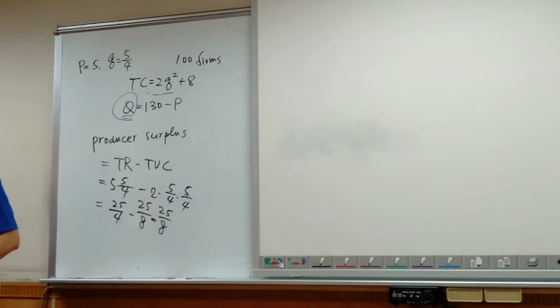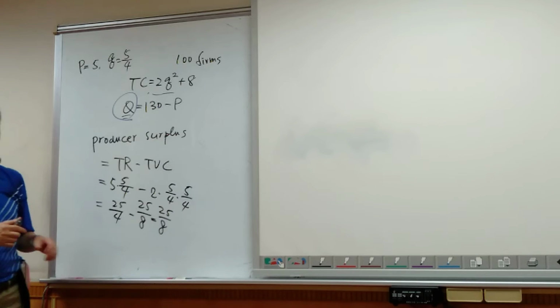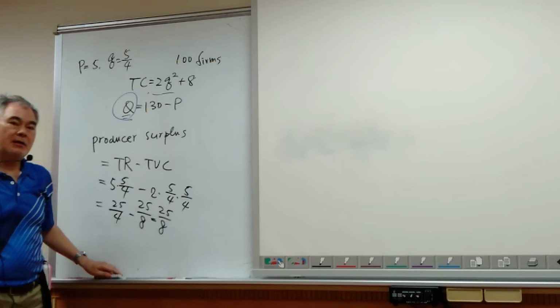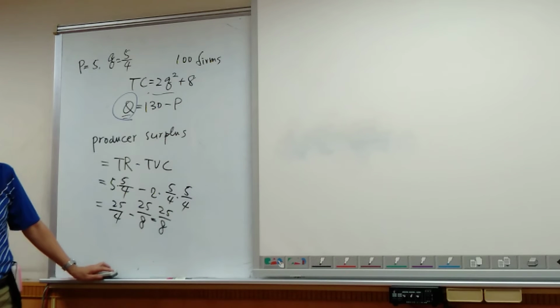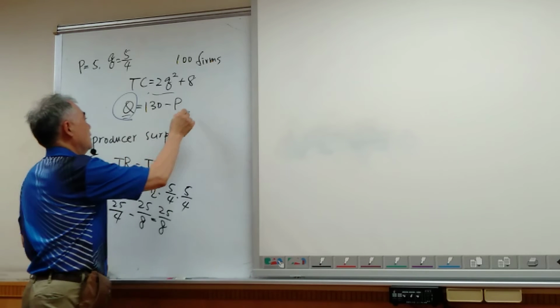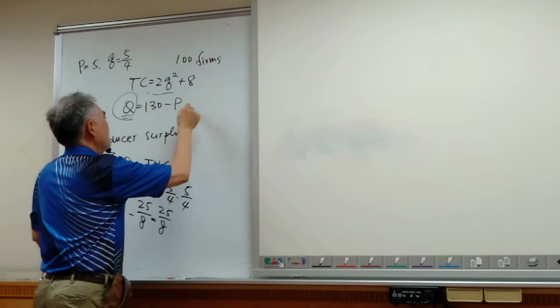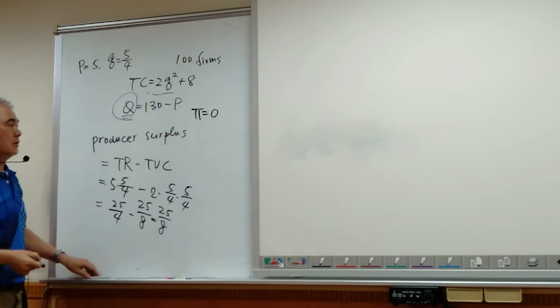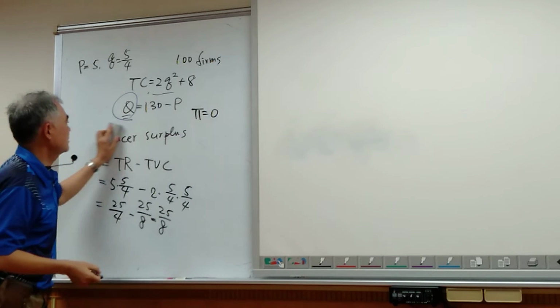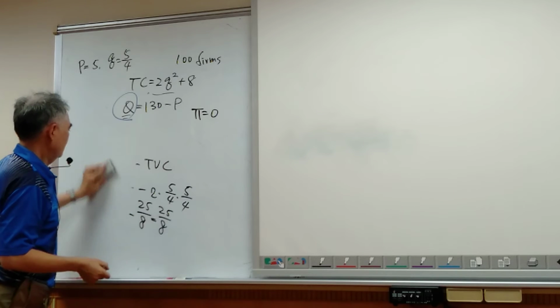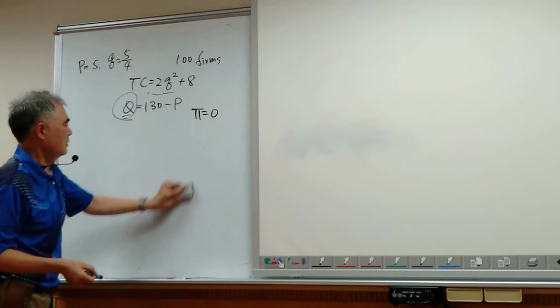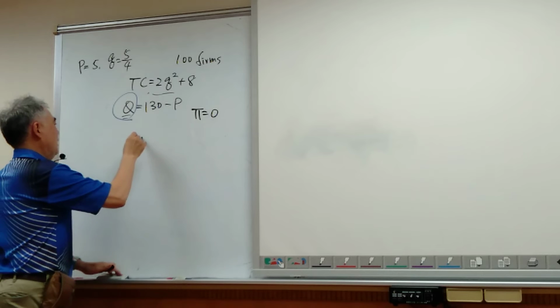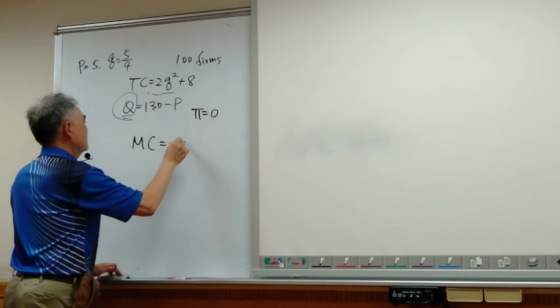And the 13th question, you have the price in the long run. Because it is a competitive firm, in the long run, profit has to be equal to 0. Or the other way to think about it is you have MC is equal to AC.